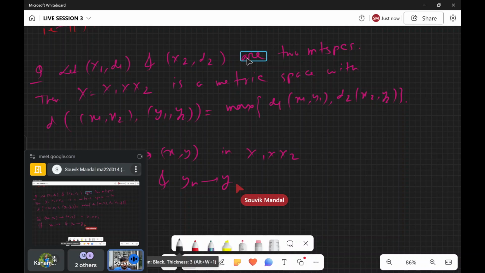You only need the definition of continuity in the metric space, nothing extra.